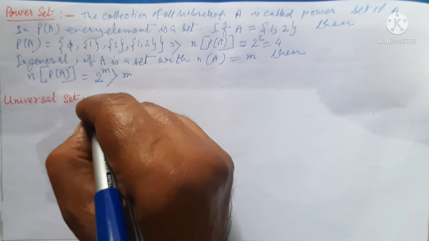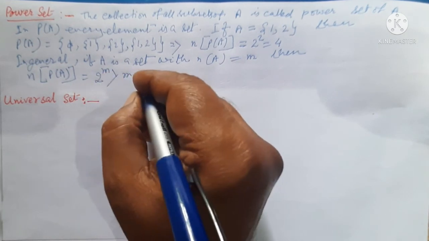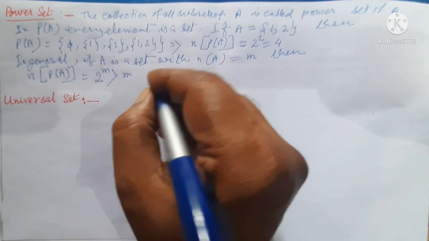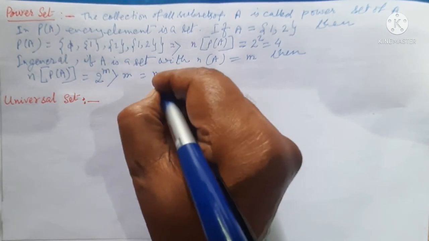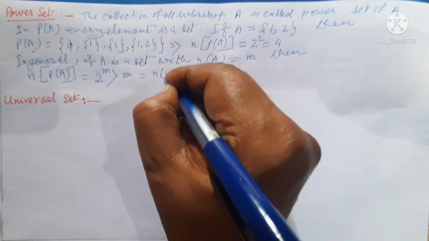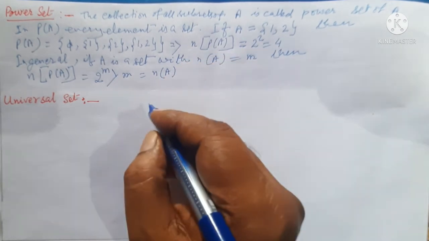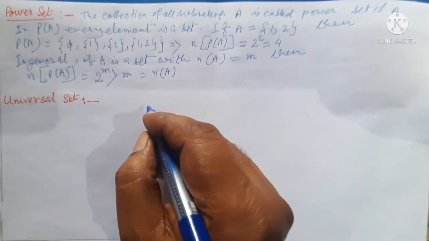This 2 to the power m will always be greater than m, the cardinal number of set A. This I wanted to explain. I think you are understanding.